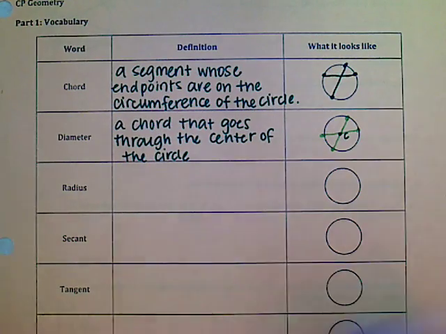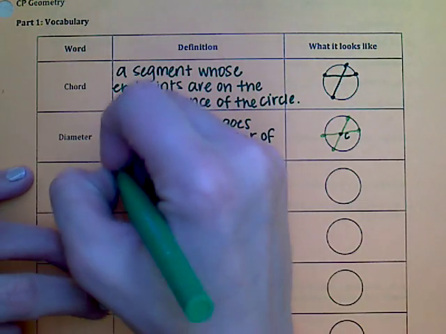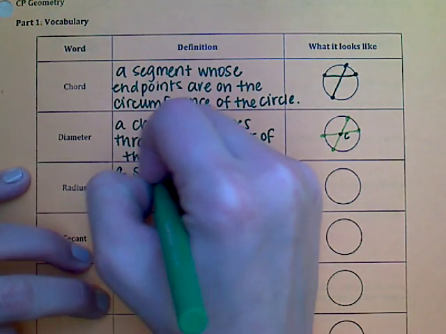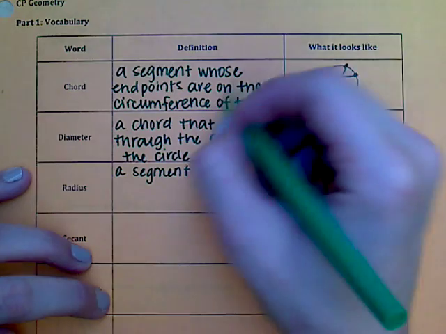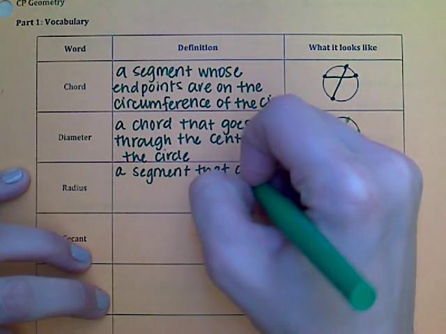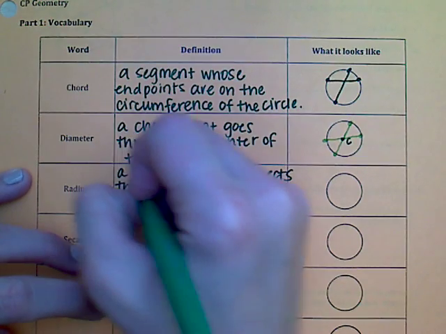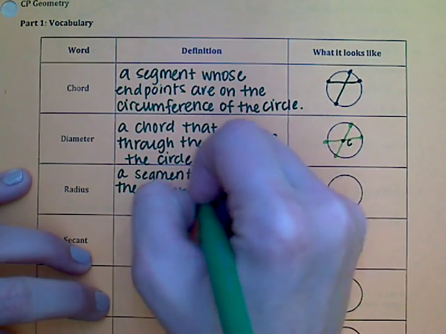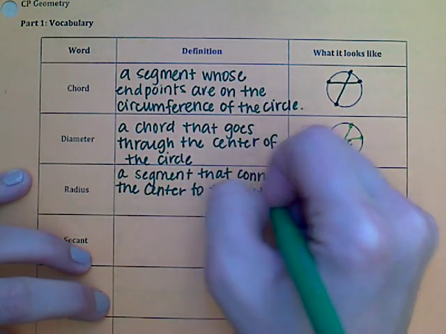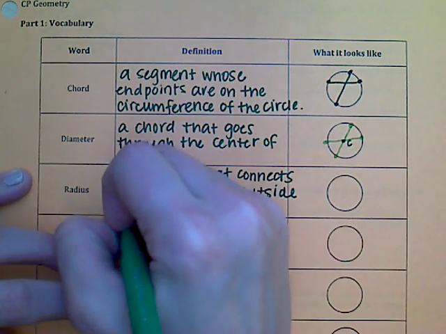The next one is a radius. So a radius is a segment that connects the center to the outside or the circumference of a circle.